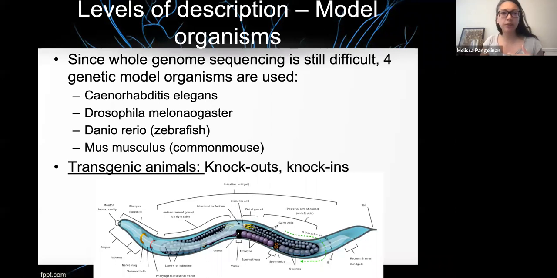There are tons of examples in which we're able to look at those animals compared to what our system is like. And then we can also have transgenic animals in which we knock out or add in or knock in particular sets of genes and see how they respond in terms of the outcome behaviors and the outcome anatomy and physiology.